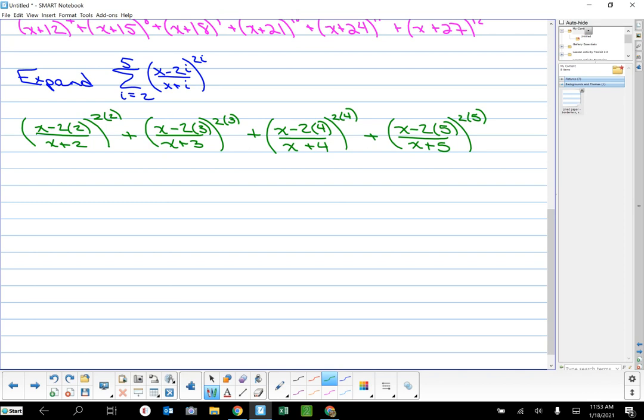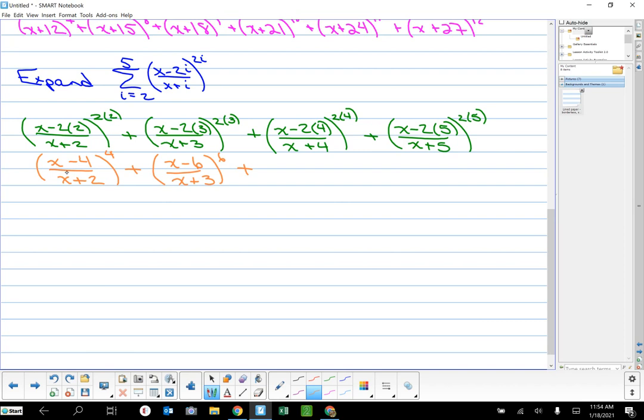And then make sure that you're simplifying these things. Don't be trying to put that in the varsity. So we have x minus 4 over x plus 2, all raised to the 4th, plus x minus 6 over x plus 3, all raised to the 6th.